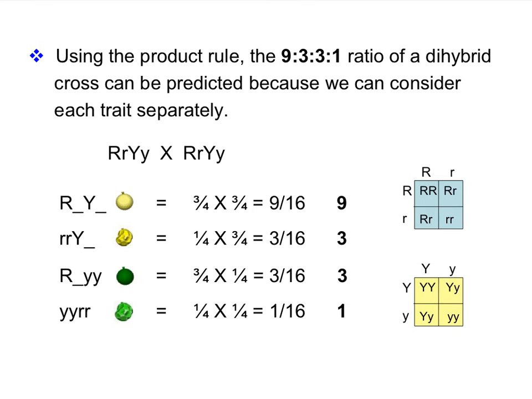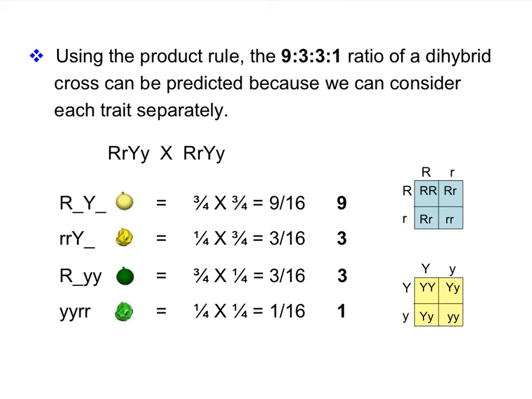Big Y blank, 3 out of 4. So what are the chances of getting big R blank and big Y blank? We would use our product rule. So 3/4 times 3/4, you'd expect to get 9/16. And indeed, you see that when we do the big chart.